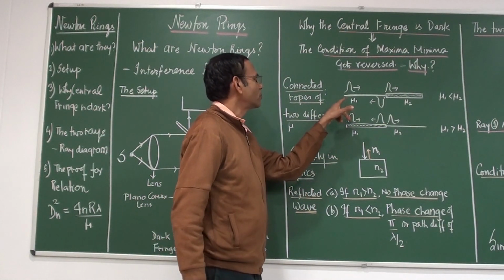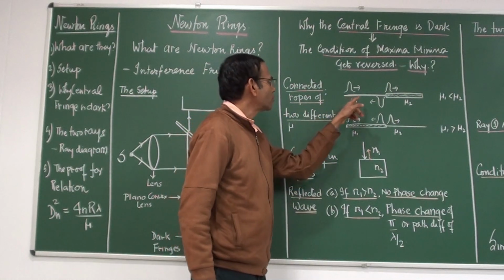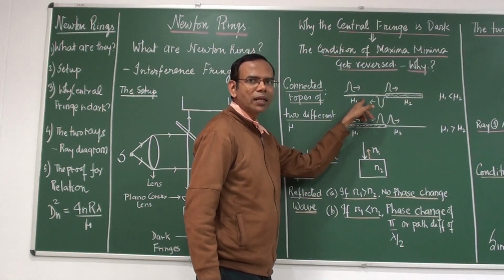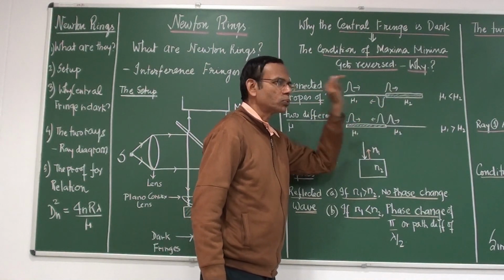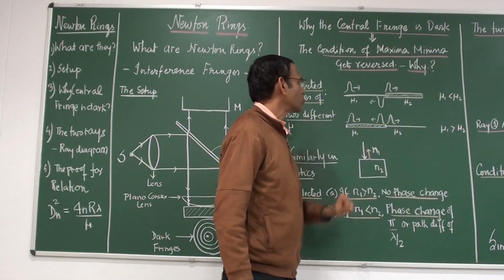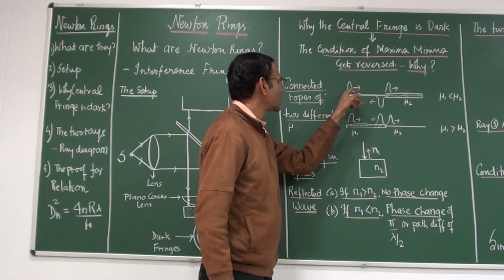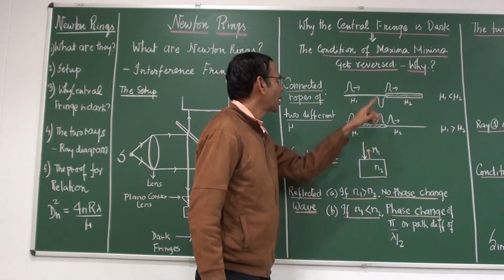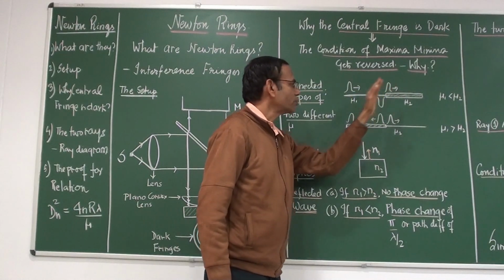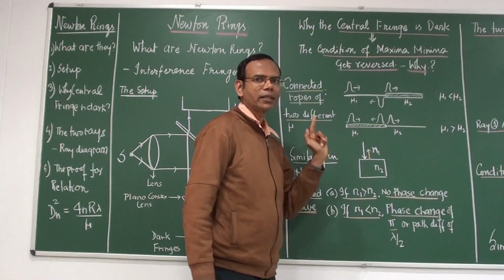Suppose we have two strings connected to each other. The first part of the string has mass per unit length mu1, and the second has mass per unit length mu2. If mu1 is less than mu2 and a particular wave is generated and it is moving forward, at the juncture, the boundary, a part of the wave gets transmitted, a part gets reflected.